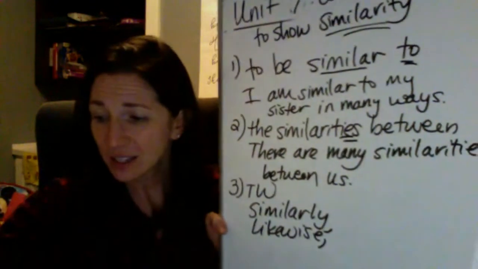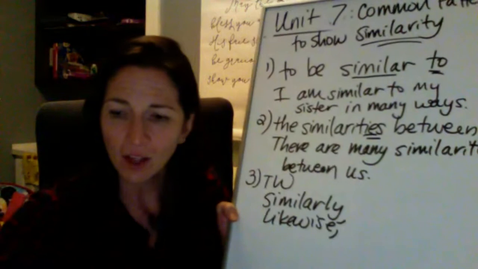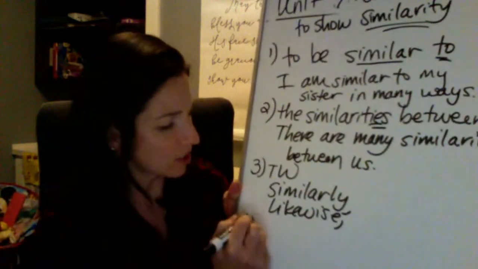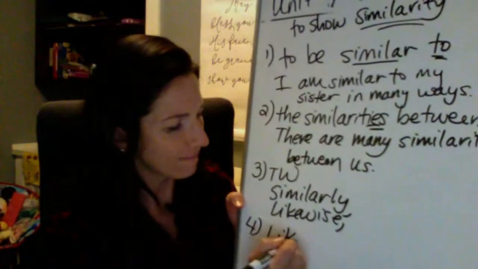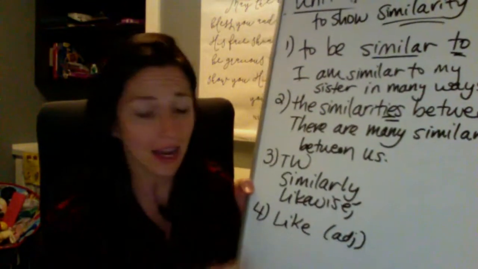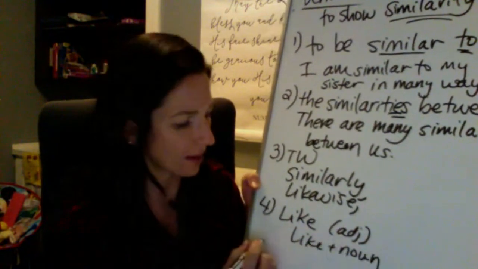Now, similar to these guys, and what we learned back in Unit 5, we also have an adjective, which is like. Like is an adjective. Like, in this case, comes before a noun that it's describing.